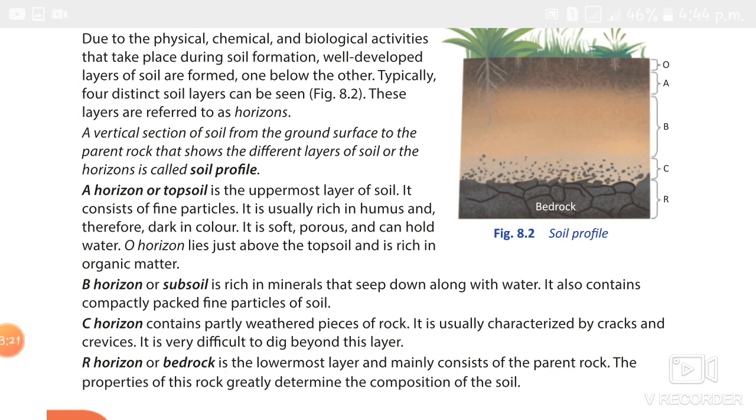And the last topic we studied is soil profile. Here we studied what is soil profile. That is the definition, we have to mark it. And we studied the layers: A horizon or topsoil, B horizon or subsoil, C horizon, and R horizon or bedrock.